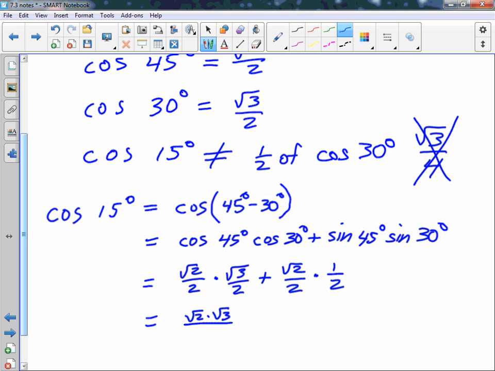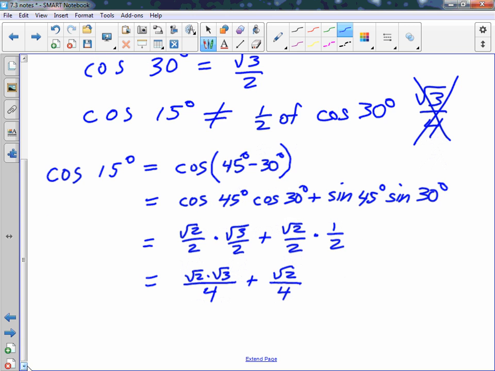Sometimes it behooves you to leave them alone. 2 times 2 is 4, plus root 2 over 4. So here we have root 6 plus root 2 over 4, I think, is about as good as it's going to get. And that, ladies and gentlemen, is the cosine of 15 degrees.